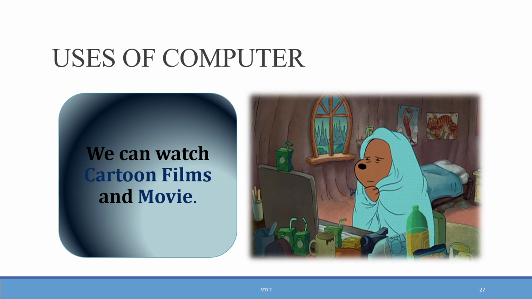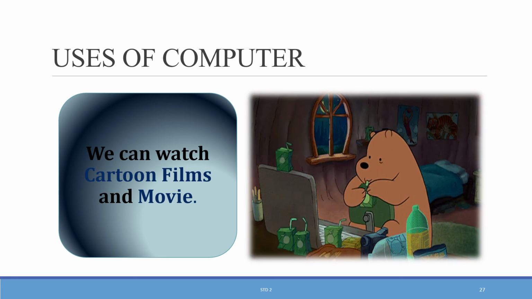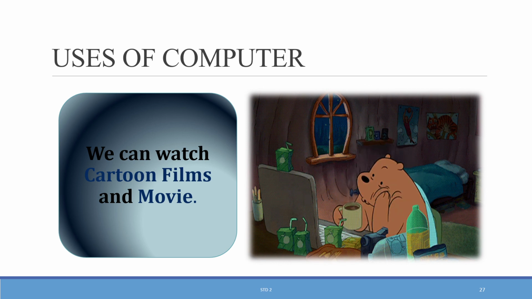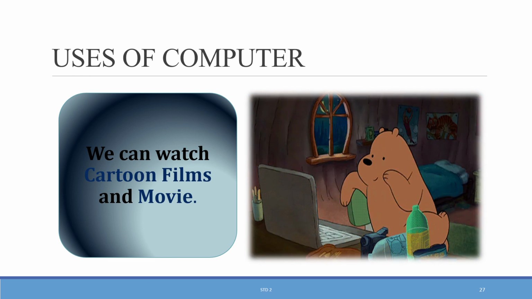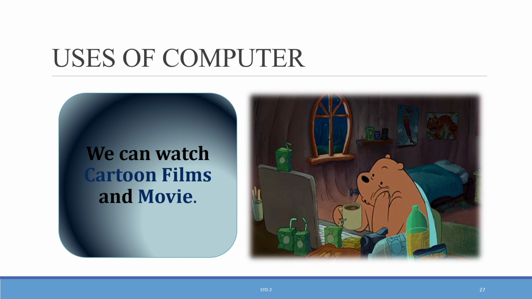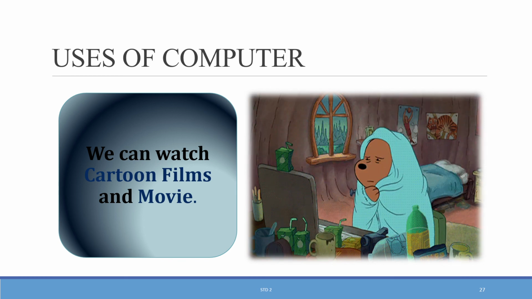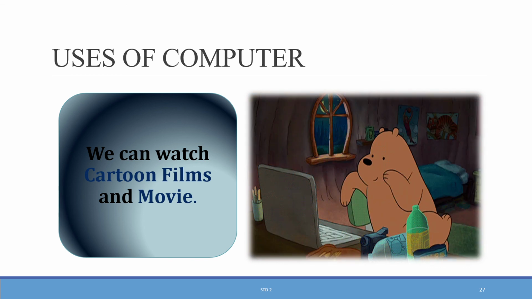Yes, so these are all the different places and different uses of a computer, and this is our second chapter, right? So you can understand very clearly the places where a computer is used and the different uses of a computer.